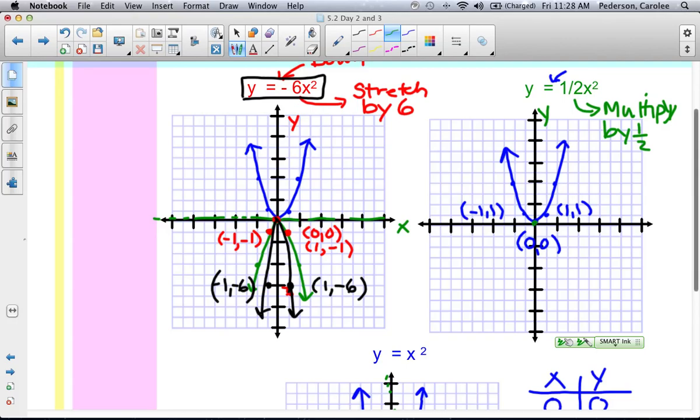So I'm going to go 0, 0, and then over 1, and then up 1/2. And the other one is going to be -1, up 1/2. Notice how much wider the parabola is.